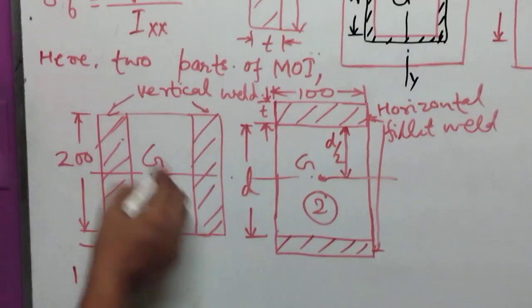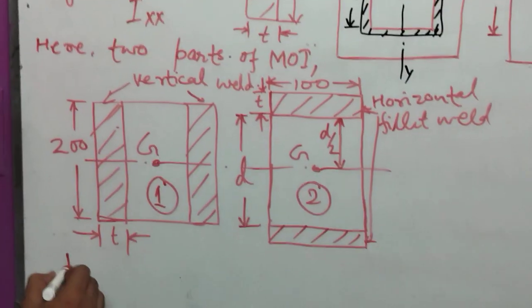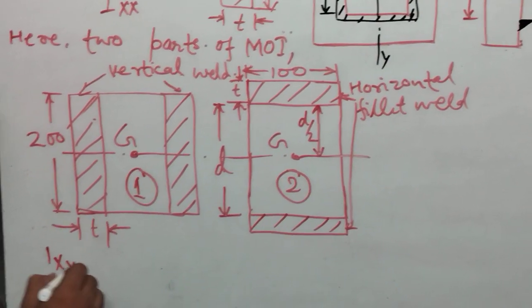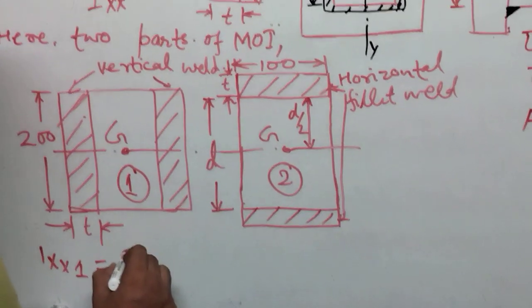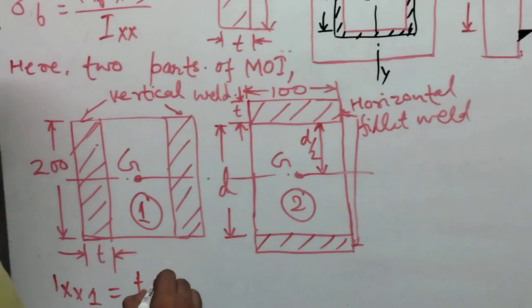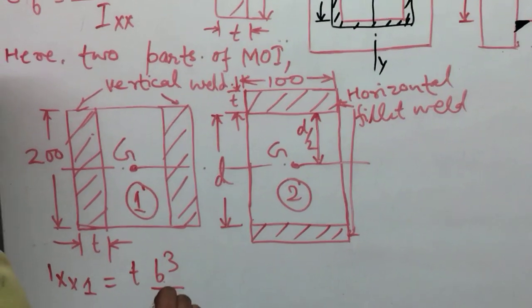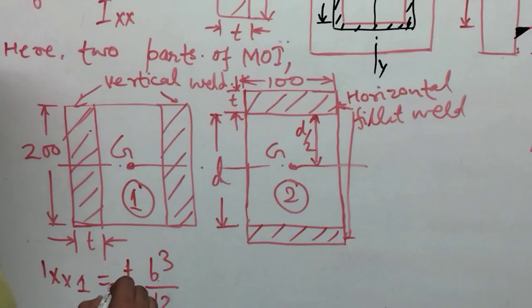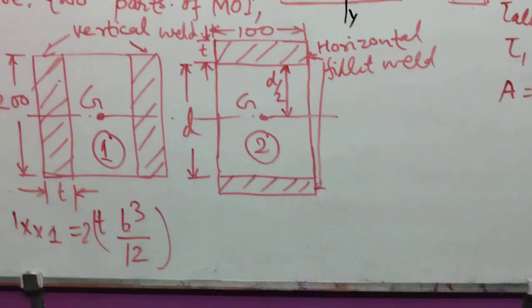For section 1, the vertical sections of the fillet weld, Ixx1 equals T into B cube divided by 12, into 2, as there are two vertical sections.